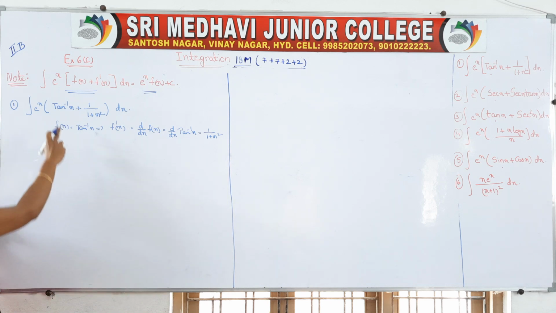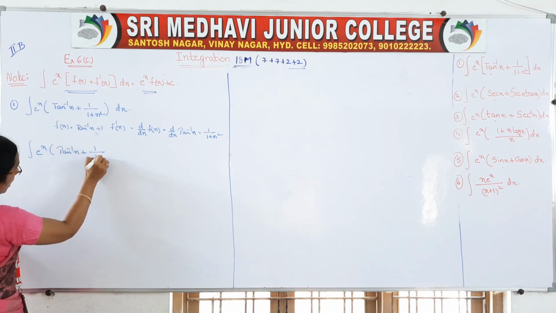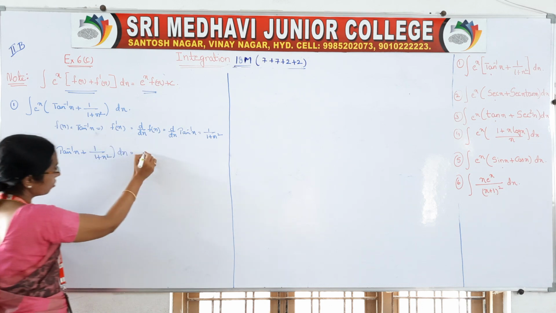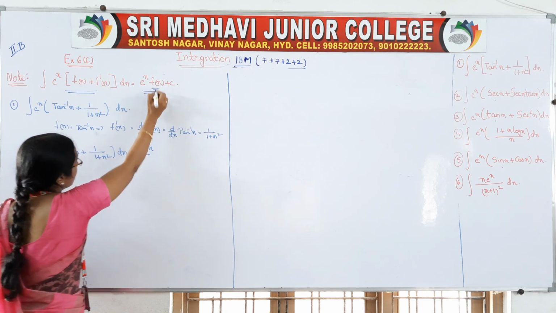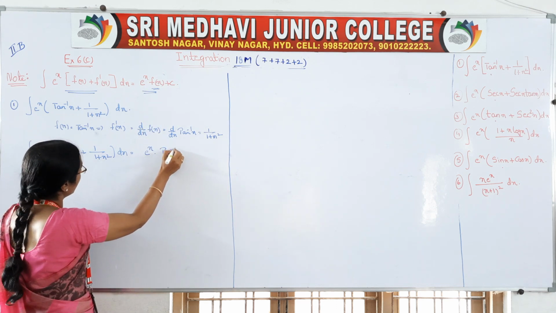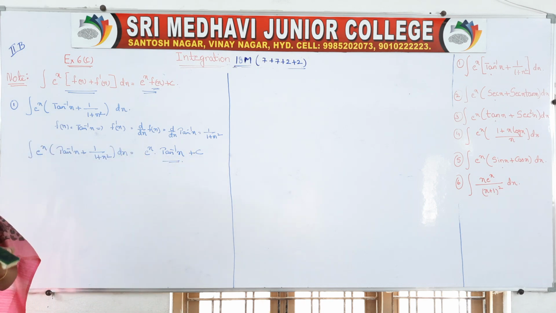Observe we have taken this as f of x and we have another value as f dash x. So therefore we can take that formula directly. So e to the power of x into tan inverse x plus 1 by 1 plus x square dx is equal to e to the power of x f of x. What is your f of x? Tan inverse x. Tan inverse x plus c. So that is the answer.